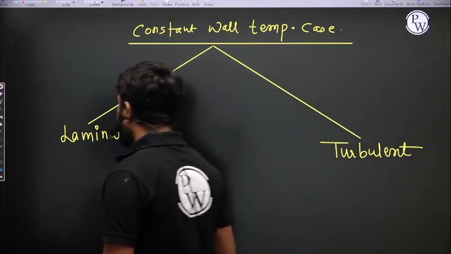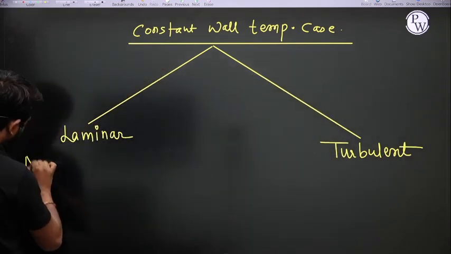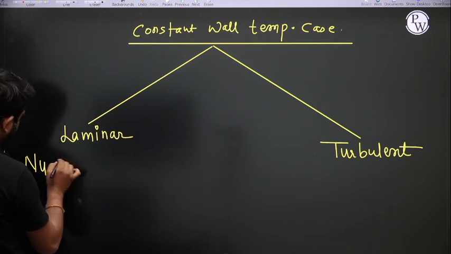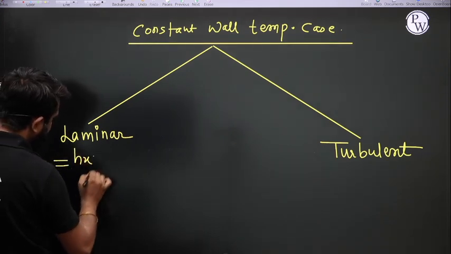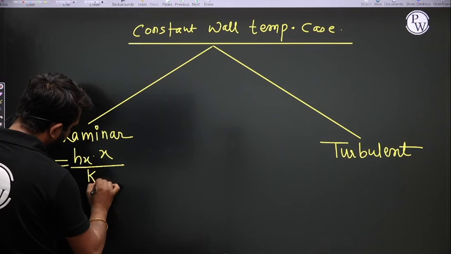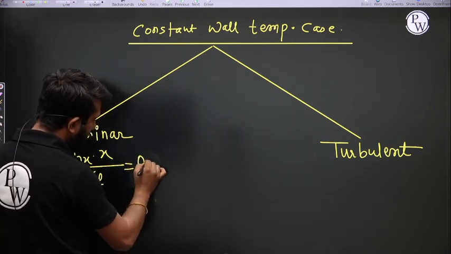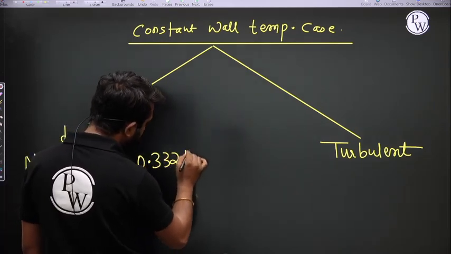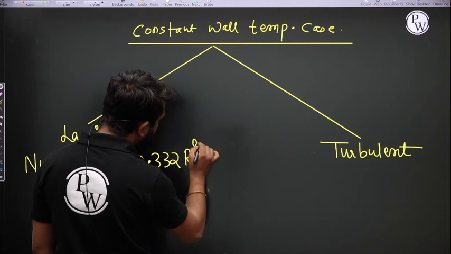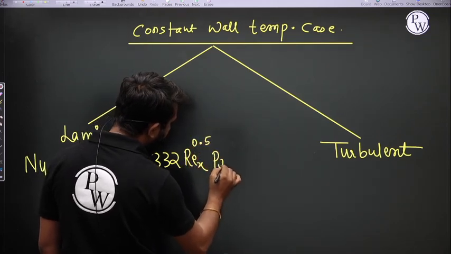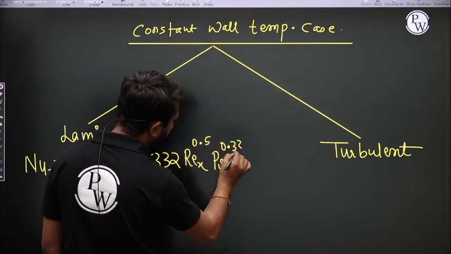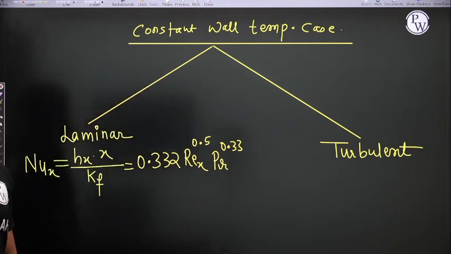If flow is laminar, then the empirical relation is Nu_x = h_x x / k_f = 0.332 Re_x^0.5 Pr^0.33. This is the empirical relation.